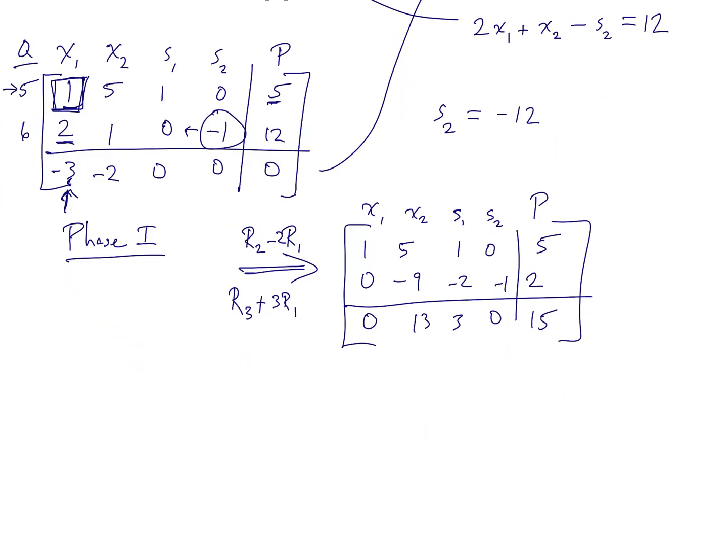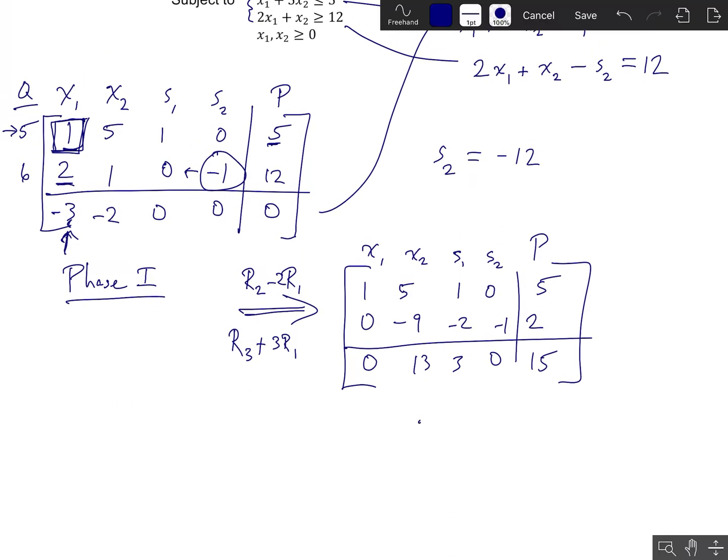So I need to check to make sure that we've made it to the feasible region. So here x2 is a non-basic variable, s1 is a non-basic variable. It looks like the value of x1 is 5, but unfortunately the value of s2 is still negative. This time it's a -2. So we're actually still in phase 1, because we have that s2 is equal to -2.